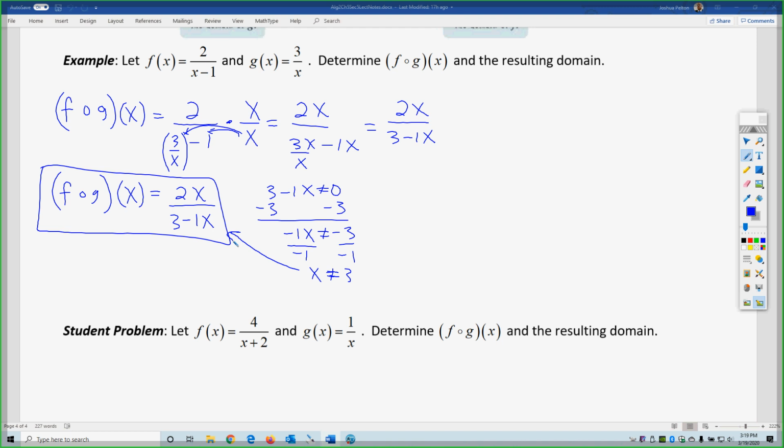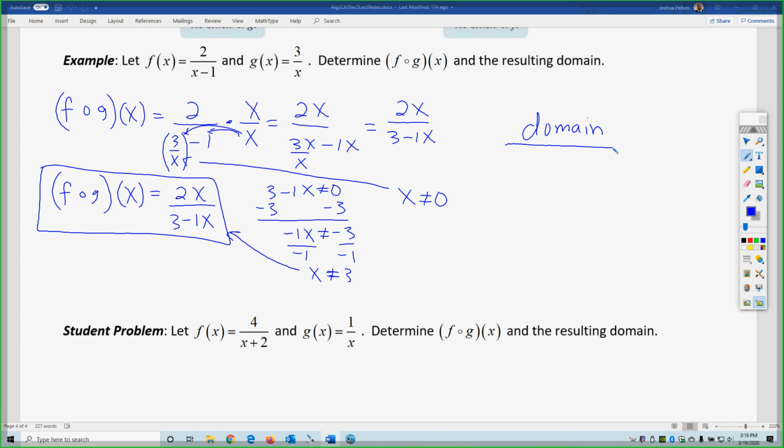Also, the original problem had an x by itself. That x can also not equal 0. So I cannot be 0, and I cannot be 3. So my domain is everything except those. Again, as I said, don't think about what you can be, think what you can't be, because what I can't be is a finite number of things here.